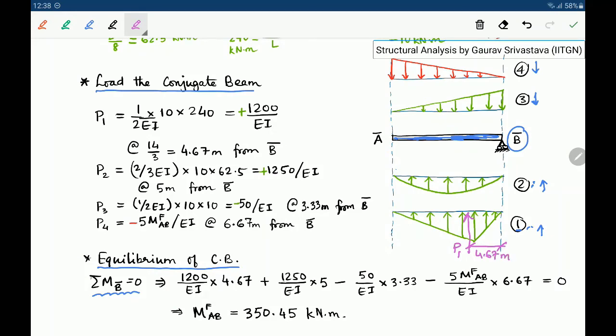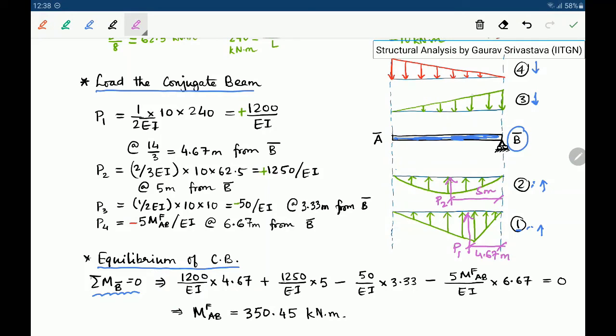Similarly, for the parabolic load, its total load is P2, and that is acting at L by 2, so that is basically 5 meters.